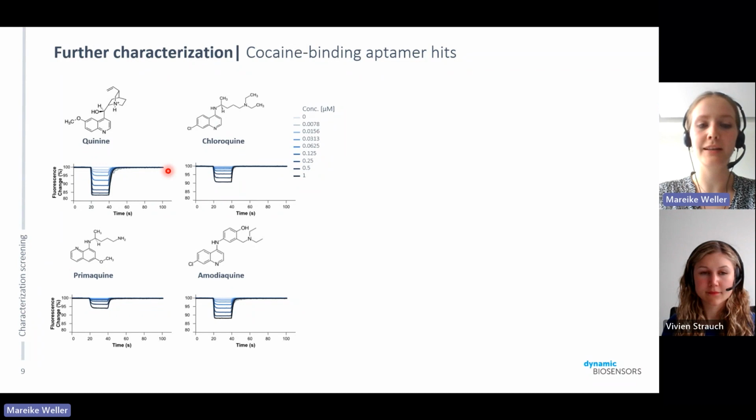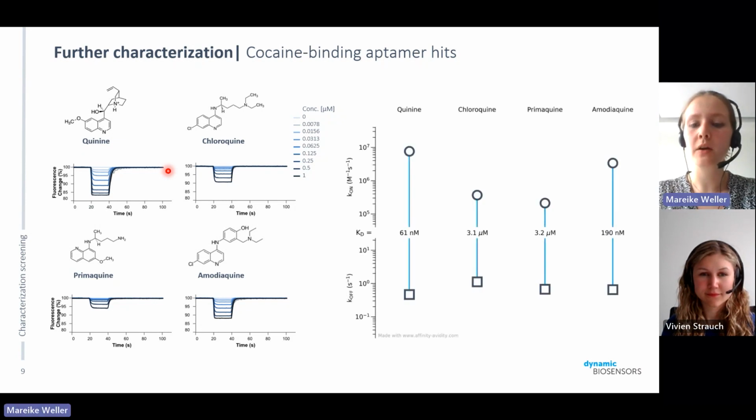And it does not only look pretty amazing, you can also fit this, and it was fitted with a one-to-one interaction model. If we look at the rate scale plot, where we plot for each small molecule the on rate and the off rate, we can compare the KD values and also get a very precise and nice estimation of our small molecule aptamer interaction.